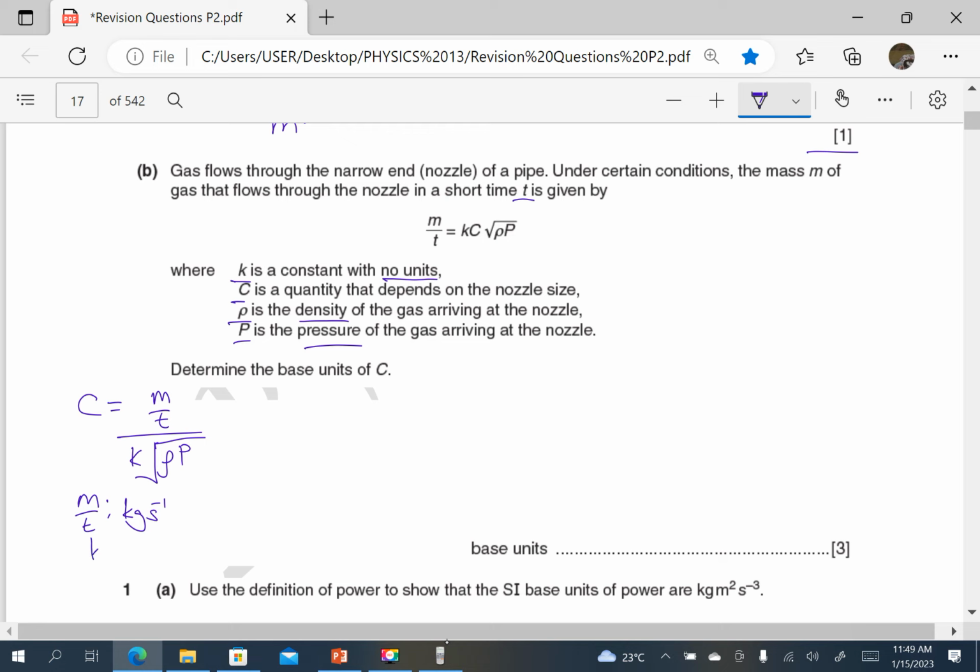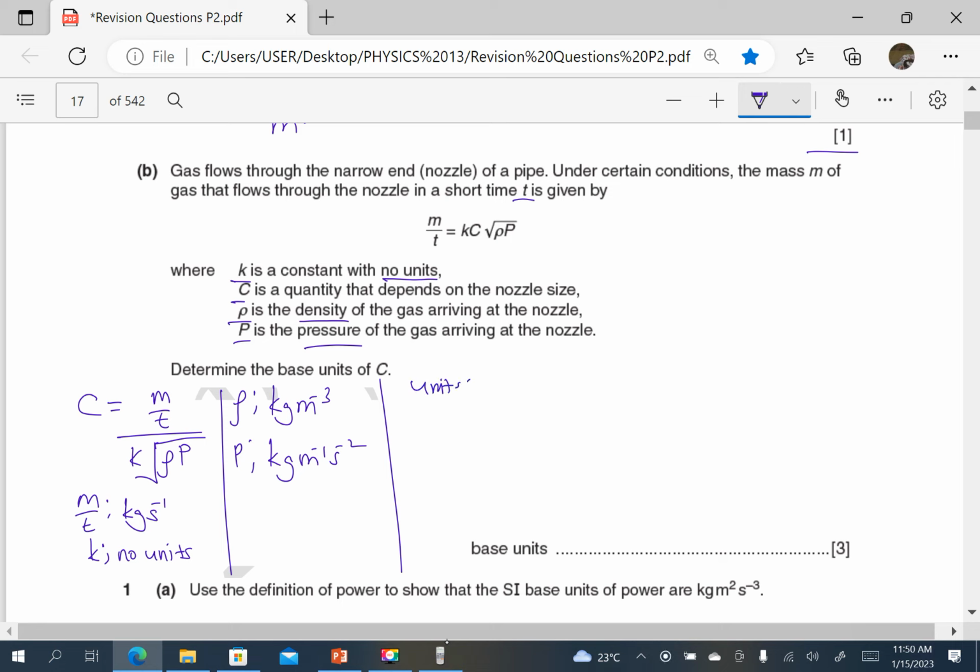Then K has no units. They said K has no units. Rho is density. Units of density, that is kilogram per meters cubed. Then P is pressure, whose units we have got as kilogram per meter per second squared. So we now find the units of C.